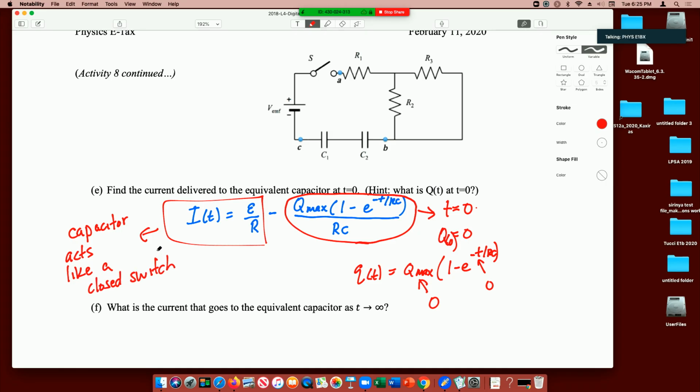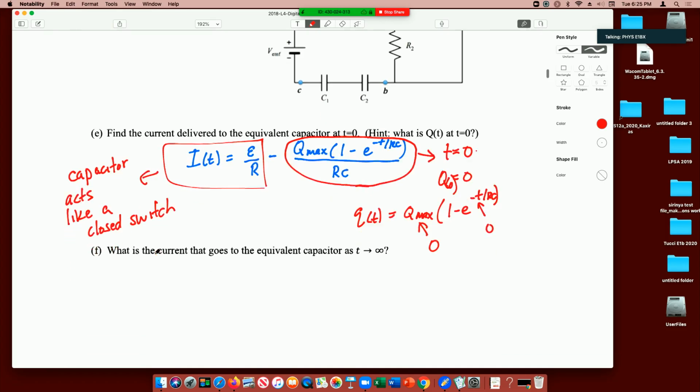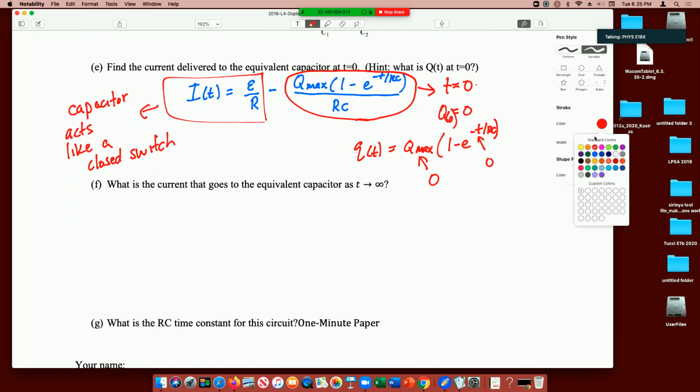Let's talk about the contrasting case where t goes to infinity. Yeah. I understand that we treat the capacitor like a closed switch when t equals 0, but I'm confused because nothing actually crosses the capacitor. Yeah, but you could replace the capacitor with just a straight wire at that point.